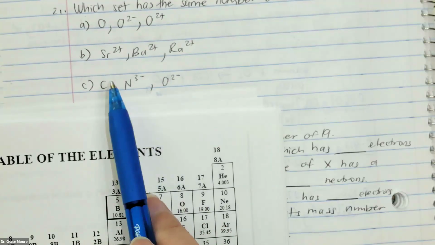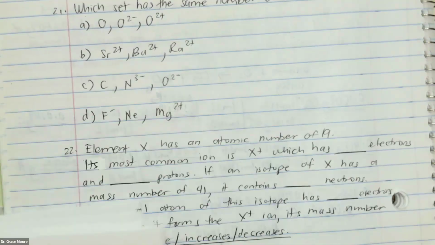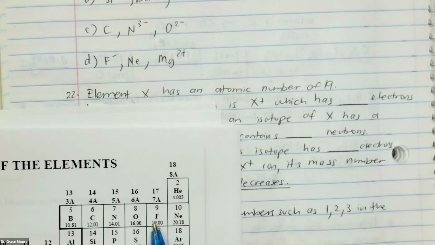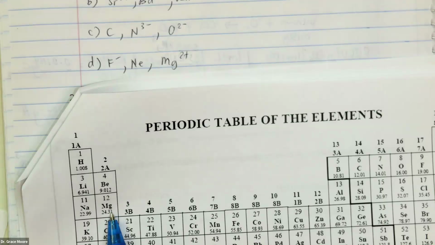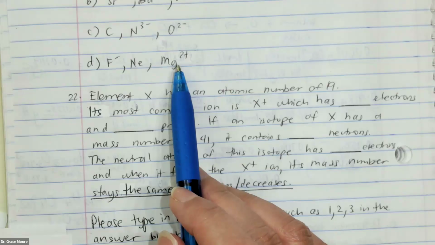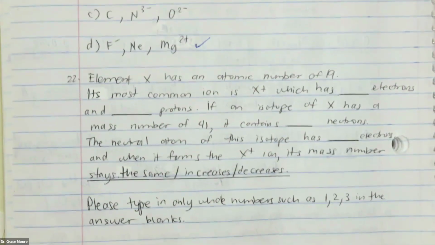So this is 10, 10, and this one is 6. So not the same. These two are the same, but not carbon. Let's look at F negative. 9 plus 1, so 10. Neon also has 10. Magnesium also has 10, okay? Because it's 12 minus 2. So the correct answer is D here.